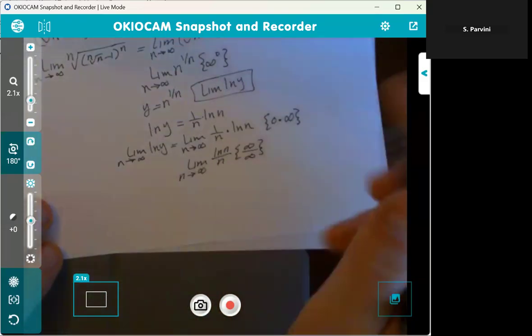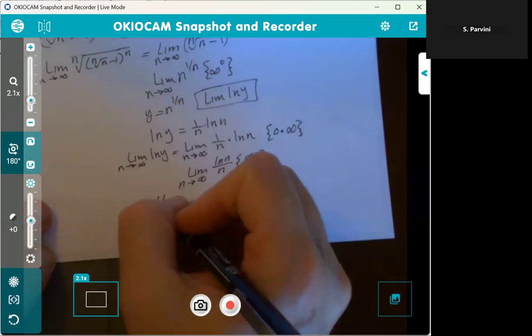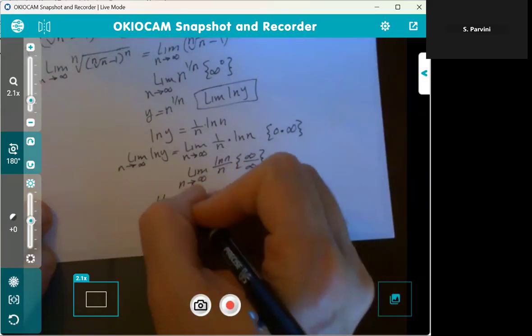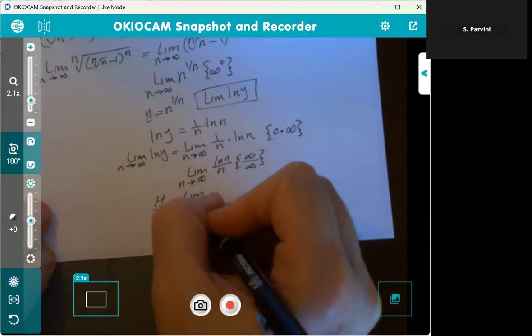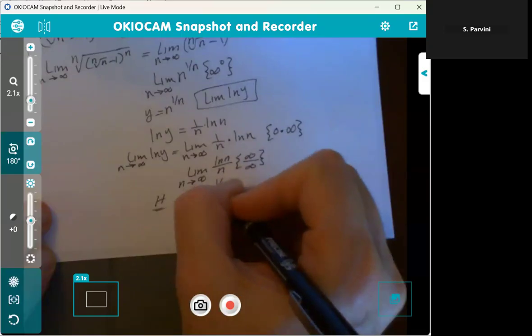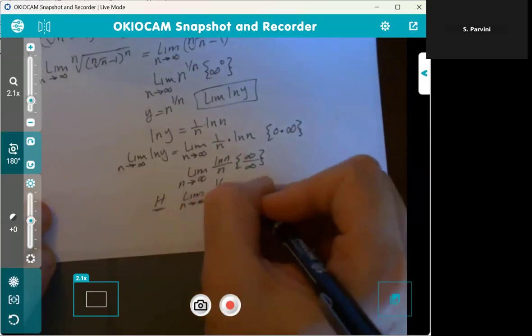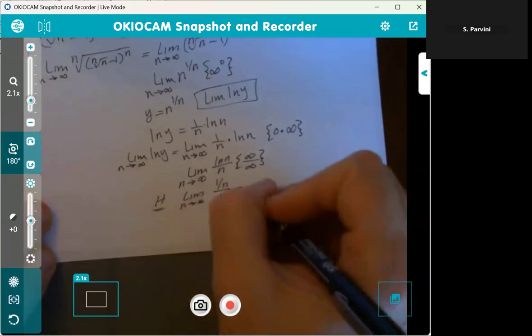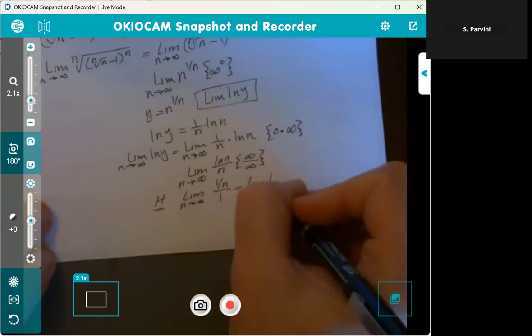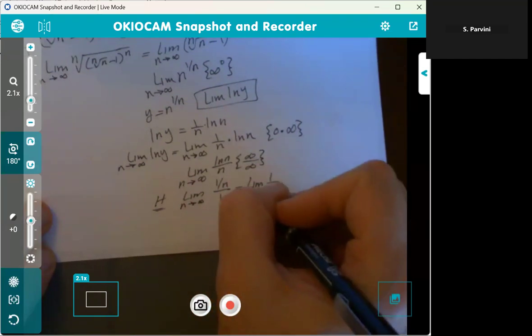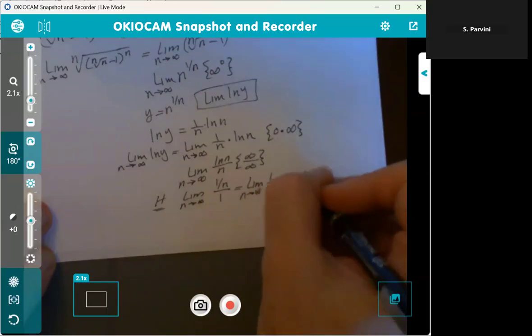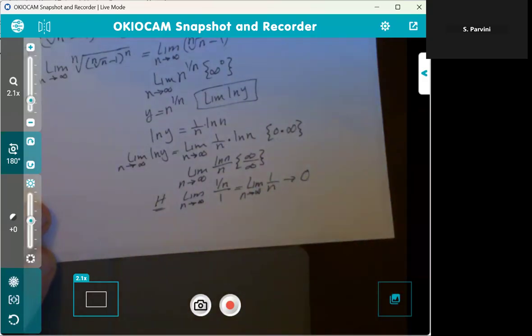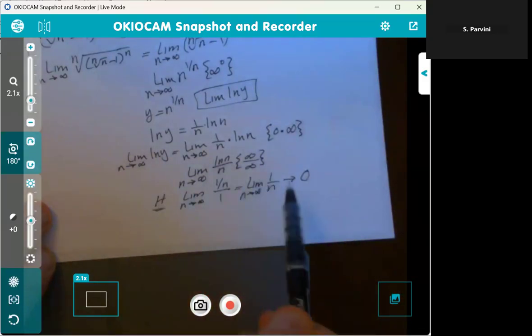If we apply L'Hospital, we get the limit as n approaches infinity of 1 over n over 1, which is 1 over n. The limit of 1 over n, 1 over infinity, approaches 0. So the limit of the natural log of y is 0.